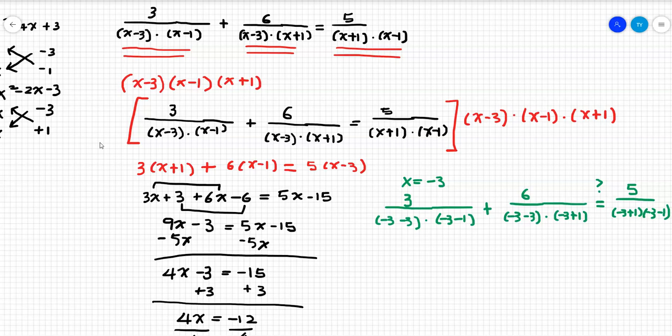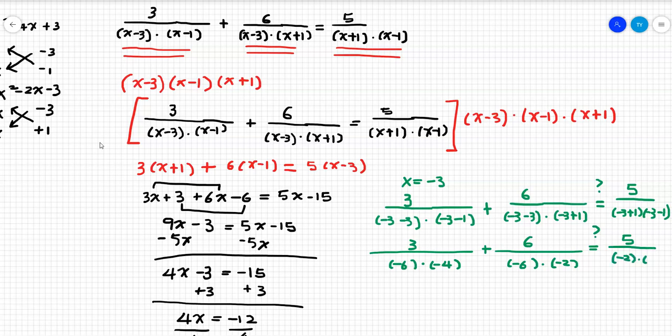Okay, so let's take a look. So we got 3 over, this one's going to be minus 6 times minus 4. This one we have minus 6 times minus 2. Is this equal to 5 over minus 2 times minus 4?